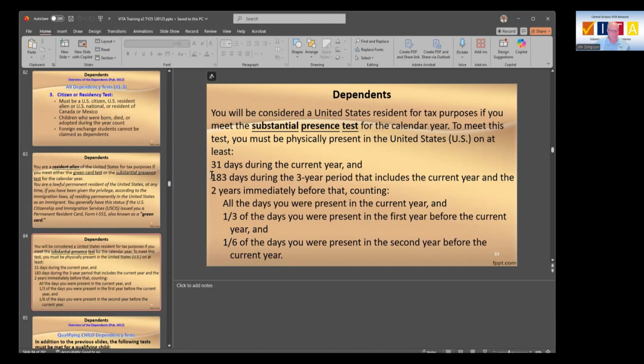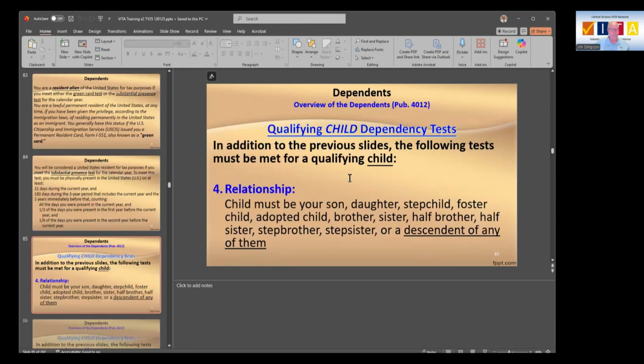But basically, they had to have stayed here more than half the year during the 3-year period that includes the current year and the 2 years immediately before, and so on. Except, if you're a student, you can exclude some of those days, but only for so many years. You can't do it forever.